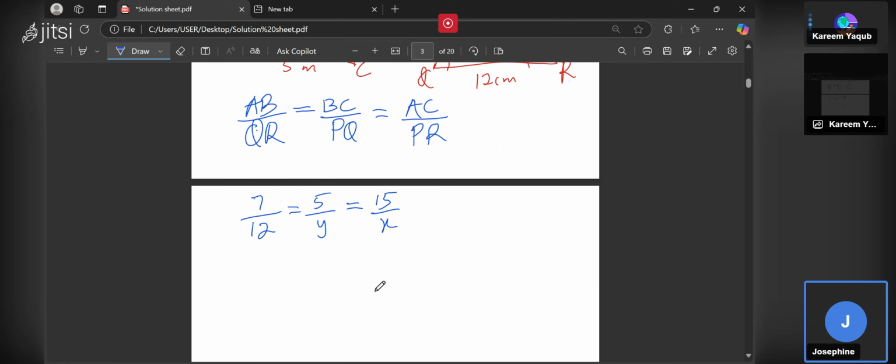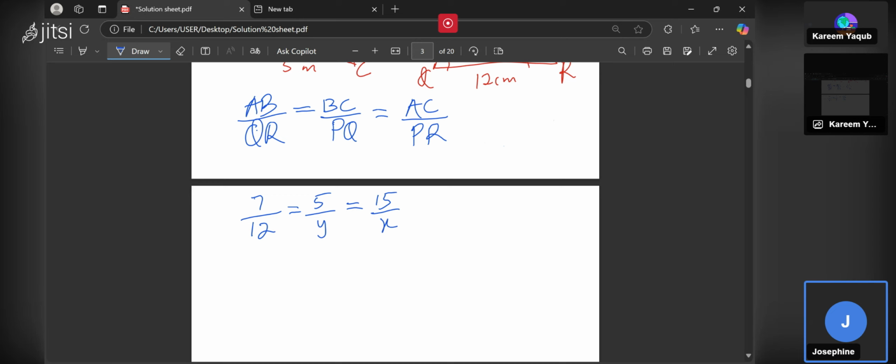So you can see that we have formed equations. We are going to do it in two ways. The first fraction is completed; the second and third fractions have unknowns.